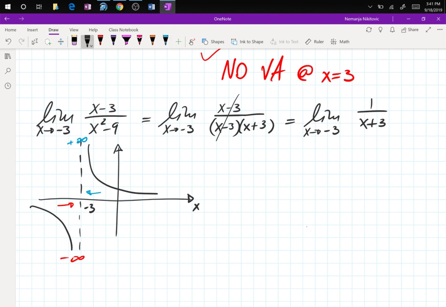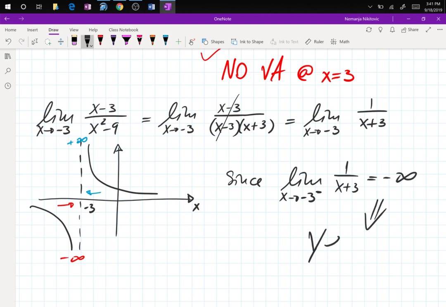But hold on, it was enough to have just one of them be infinity. So, since the limit as x approaches negative 3 from the left of 1 over x plus 3 is equal to negative infinity, we have, yes, a vertical asymptote at x equals negative 3. Cool.